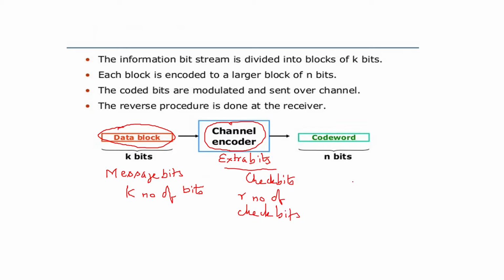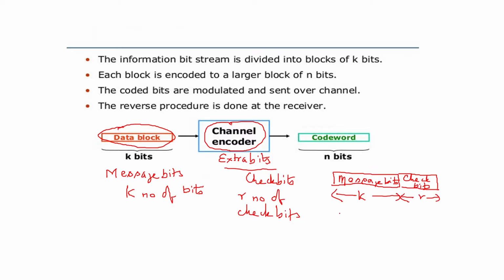Then automatically the code word at the output will become message bits plus check bits. Okay, so say this is your message bits, and say you're adding certain extra bits, which will be your check bits or the code bits. Message bits we will denote as k number of bits, and check bits we will denote as r number of bits.